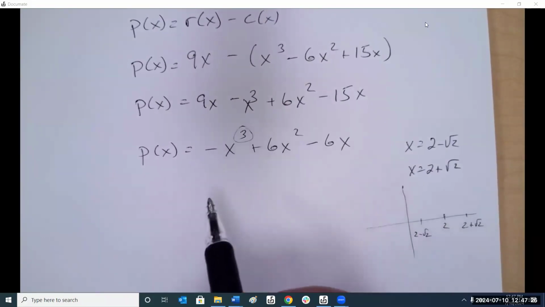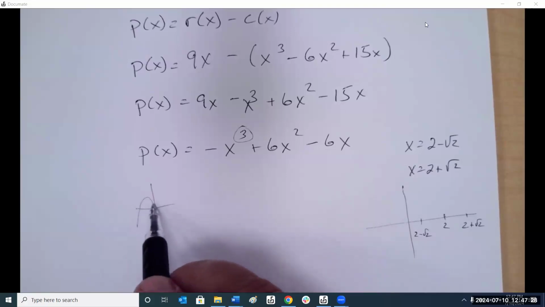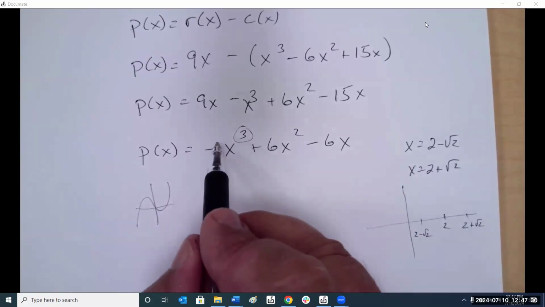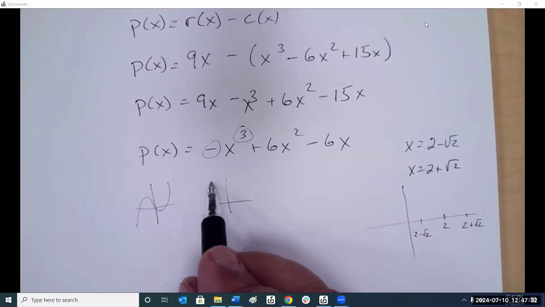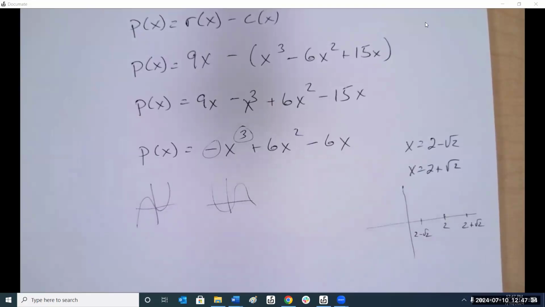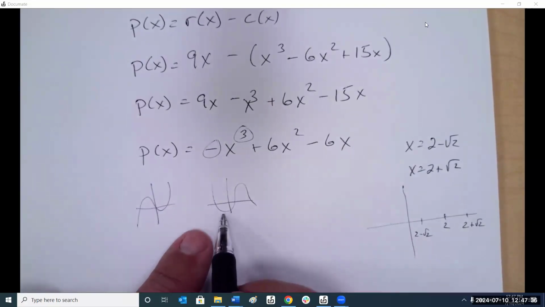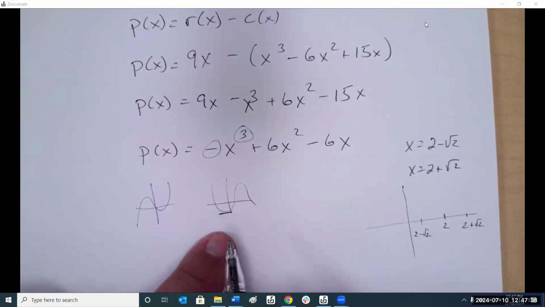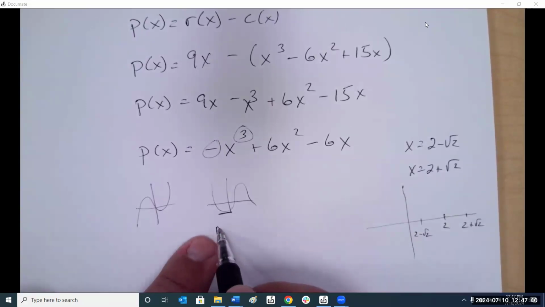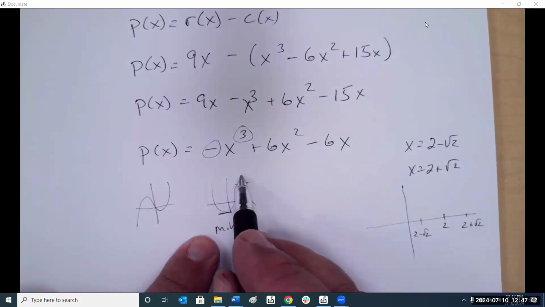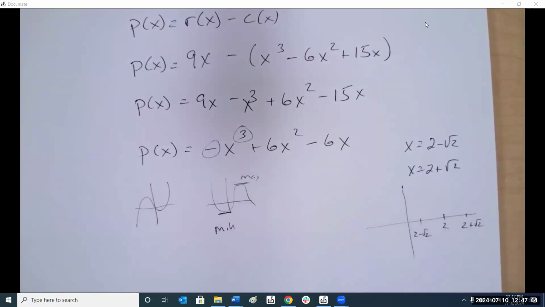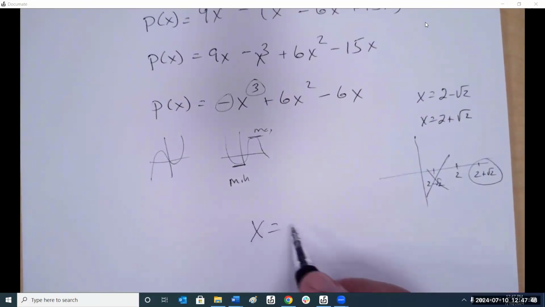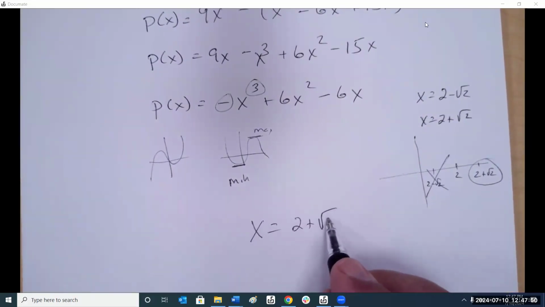It's a cubic function, which means it looks like this. But it's negative, which means it looks like this. That means the extrema on the left is going to be the minimum, and the extrema on the right is going to be the maximum. So our x value we want is that.